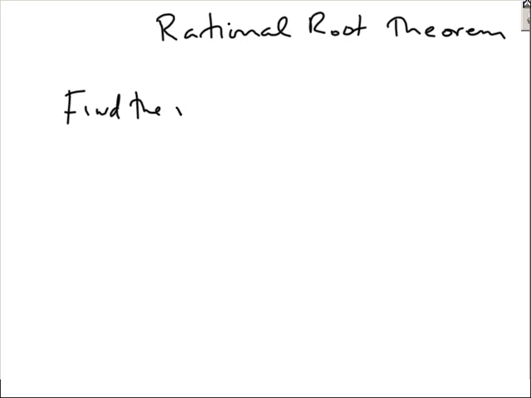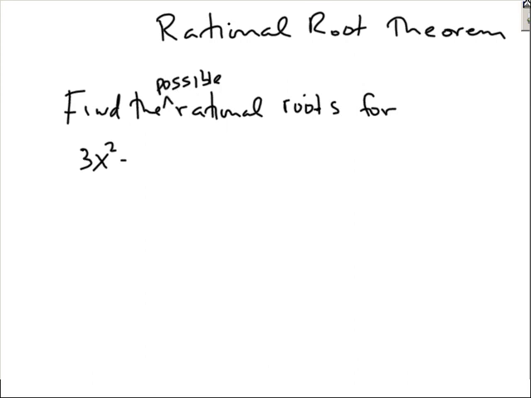Okay, so how do we do this? Find the possible rational zeros or rational roots for the following: 3x squared minus 4x plus 6.